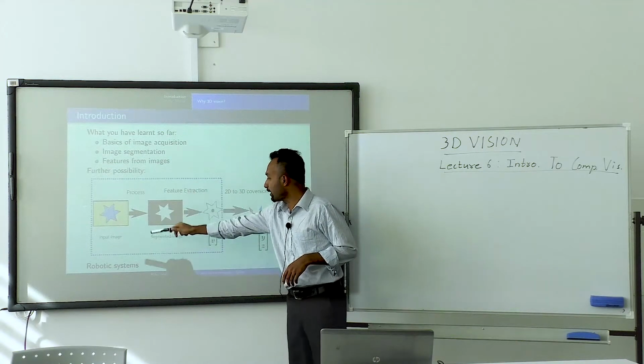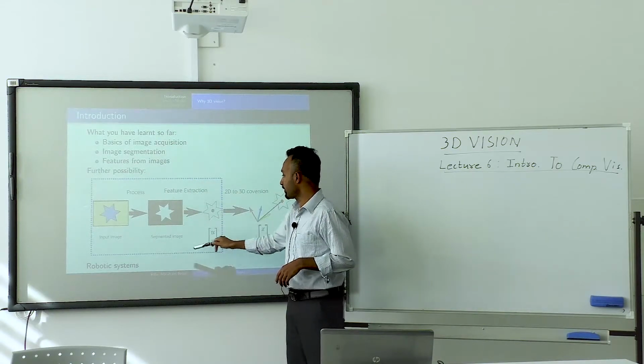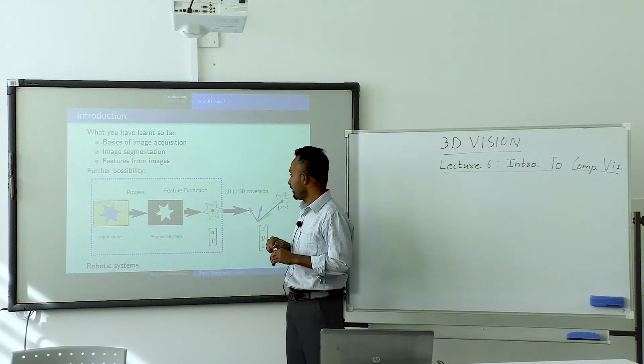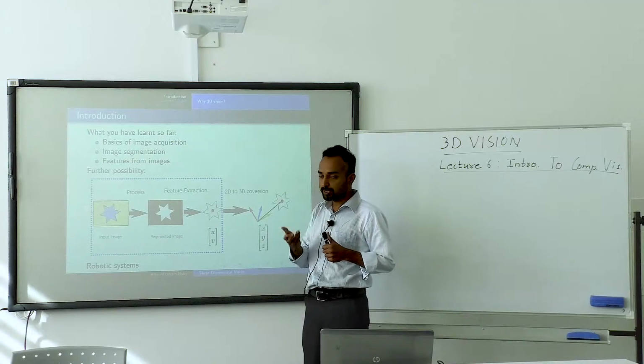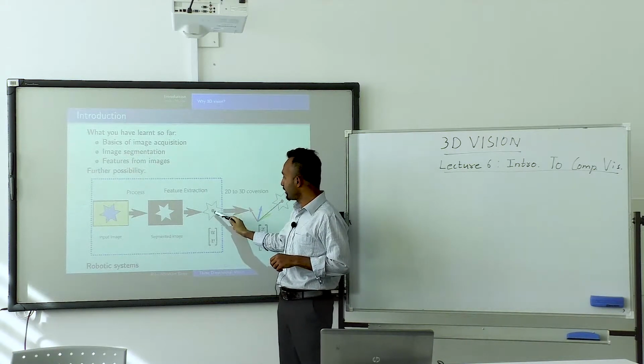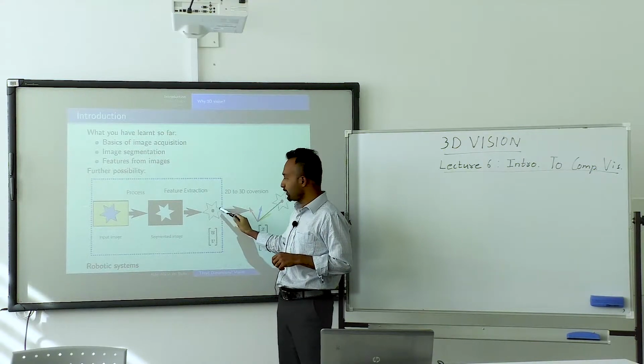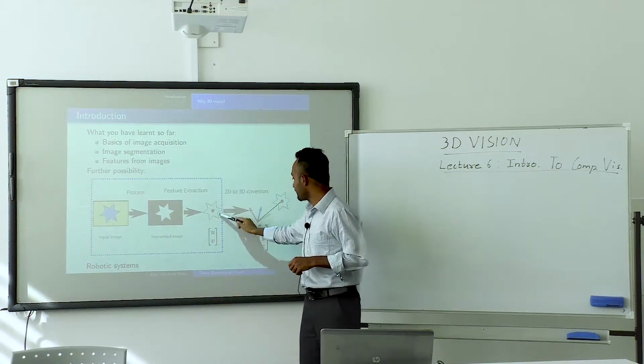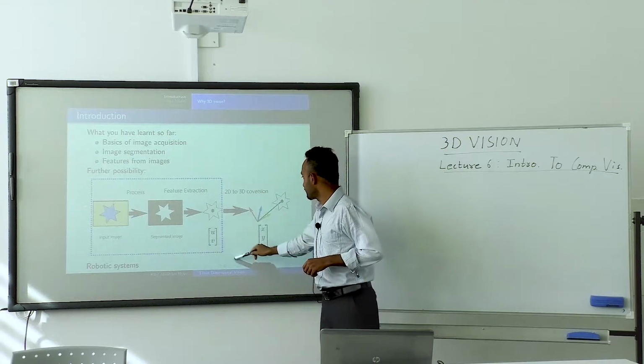So far you have come till this particular position, but applications, especially like robotics, require not just two-dimensional measurement in image, you also require an extra measurement in 3 dimensions.